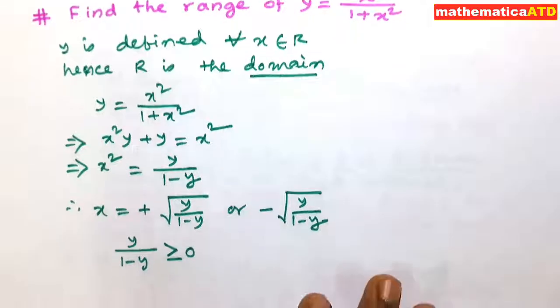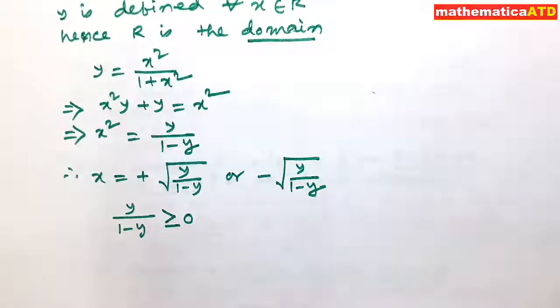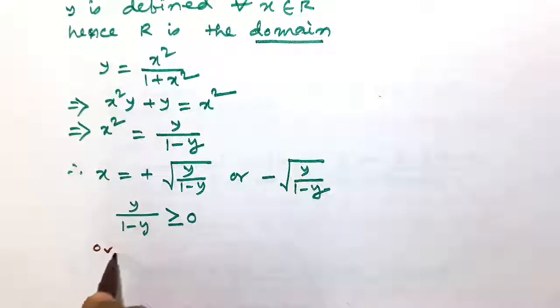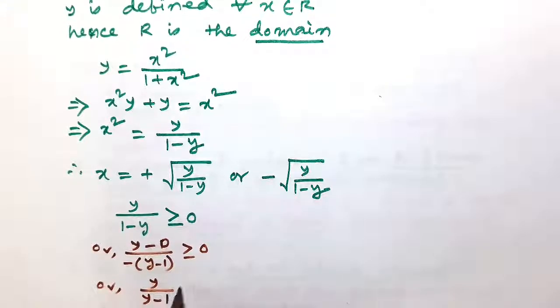Now friends, y divided by 1 minus y. We shall use the sign scheme. That is, y by y minus 1 is less than or equal to 0.